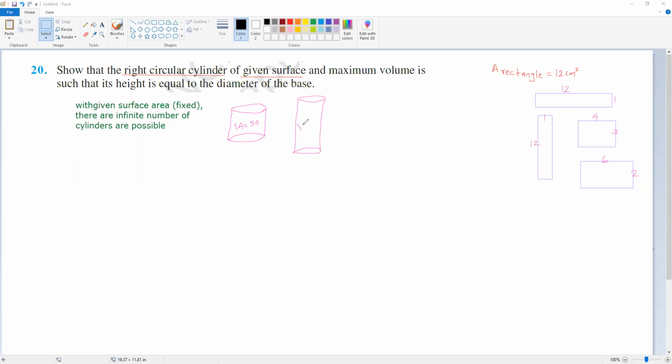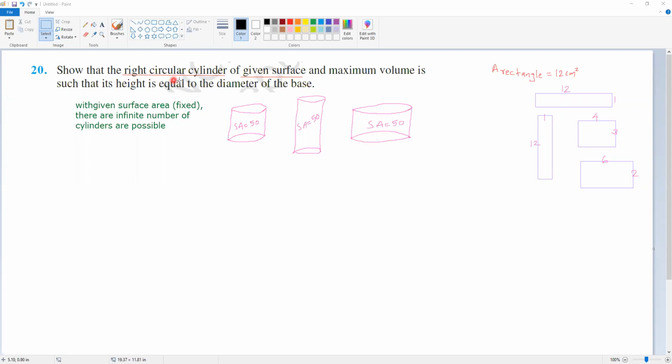Here also the surface area will be 50, the same surface area. Like this we can have many cylinders, or we increase the width again, but at that time reduce the height a bit. Surface area may be 50. Like this we can have different cylinders with a constant surface area. So that is what they are saying in the question here.